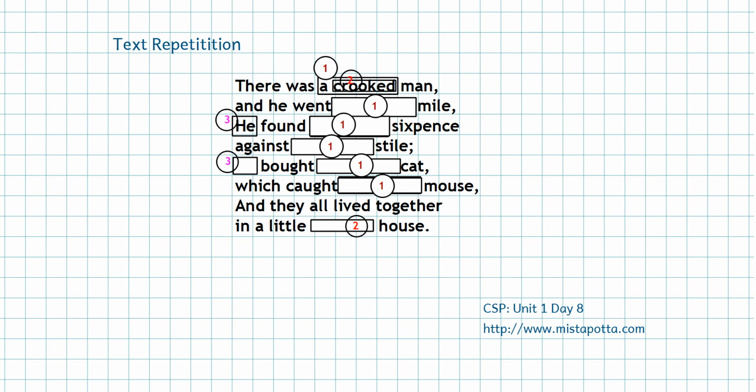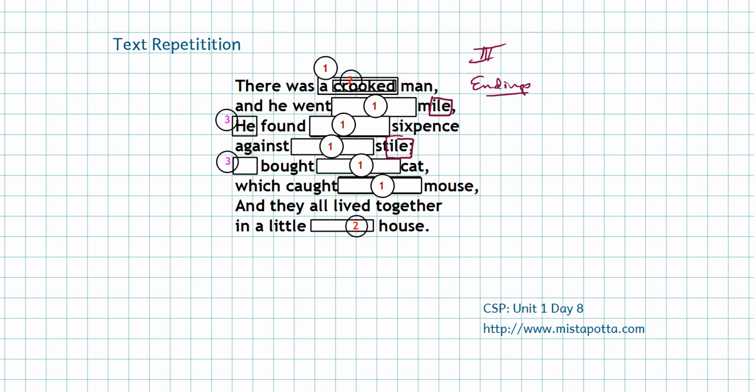Once I've gone through phrases and single words that repeat, now I want to look for endings of words. So this third step is going to be looking for endings. Endings are usually a little bit easier to find than repeated parts in the middle of a word, namely because they rhyme. If you were to say this out loud, you would see the parts that repeat. So I've got the I-L-E in mile, and it sure looks an awful lot like the I-L-E in stile.